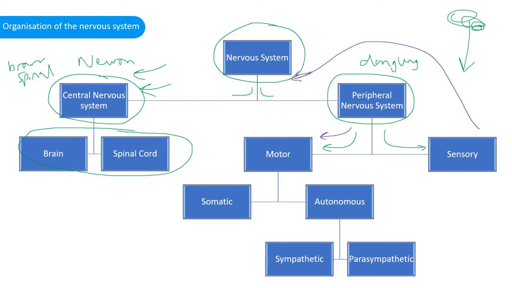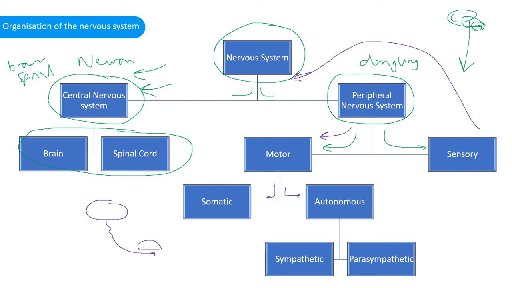Now we can split these motor nerves. If here's the brain and here's a nerve coming off it to a muscle, we can split these nerves into two types: somatic and autonomic.